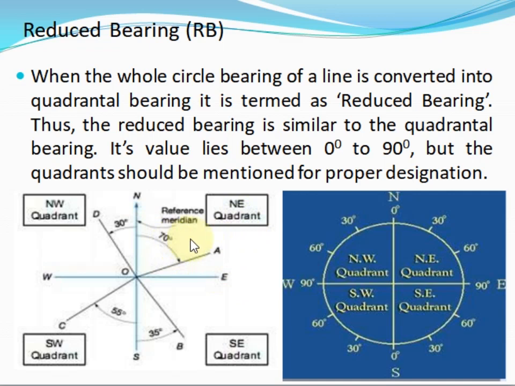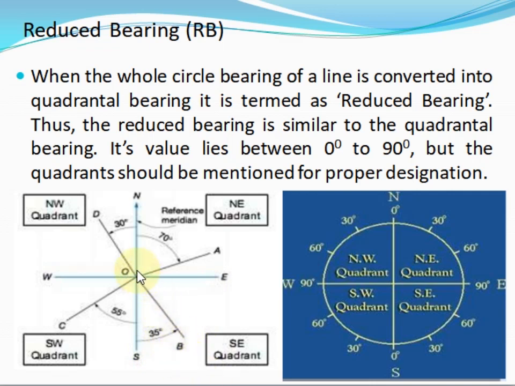This is north 70 degree east, it is in the first quadrant, that is the reduced bearing. Similarly, if you write 35 degrees in the second quadrant, the survey line is in the second quadrant, so south 35 degree east, this is the reduced bearing or quadrantal bearing of line OB.